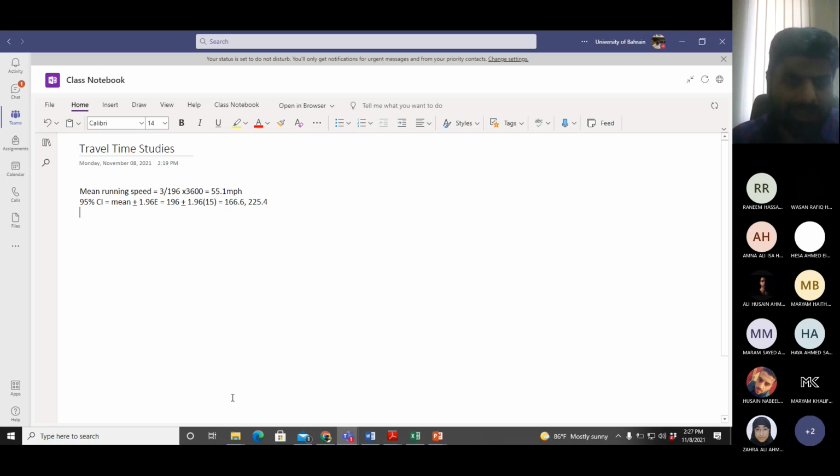Now we have the two values for the time. Again, we will do distance upon time, right? So the maximum 95% speed will be 3 miles of length upon 166.6 into the conversion. How much is it?